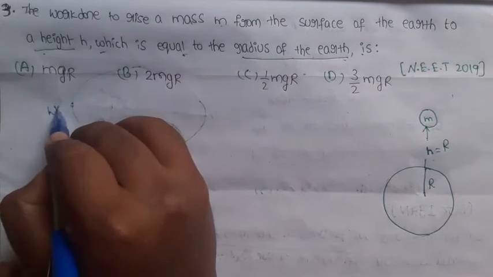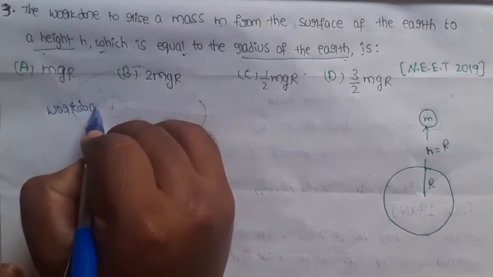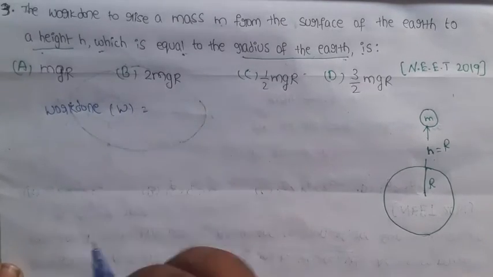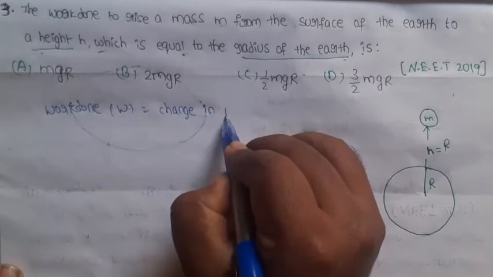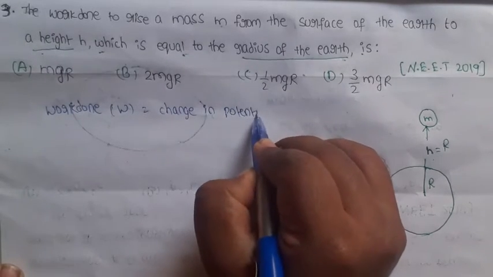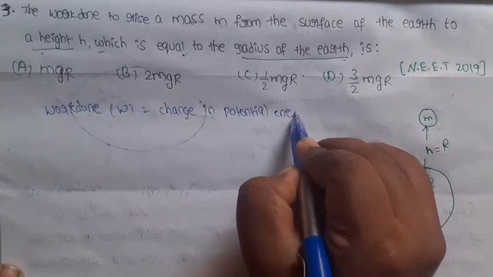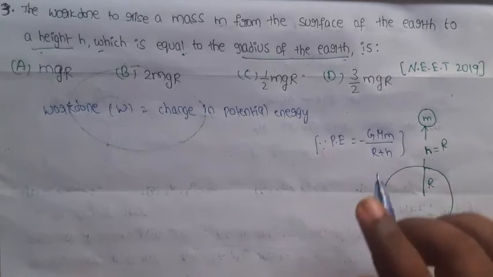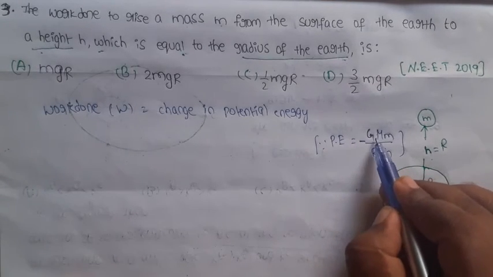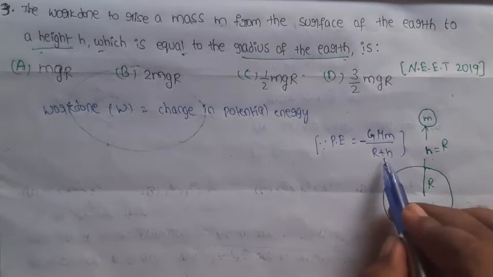So work done, W equal to change in potential energy. The potential energy formula is minus G capital M small m by (R plus h).